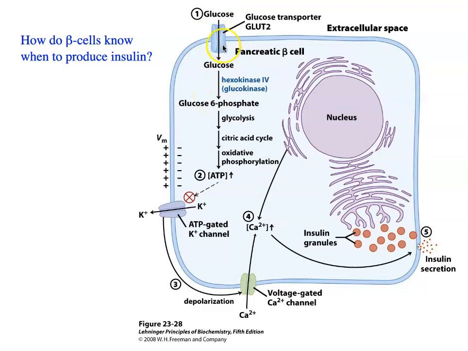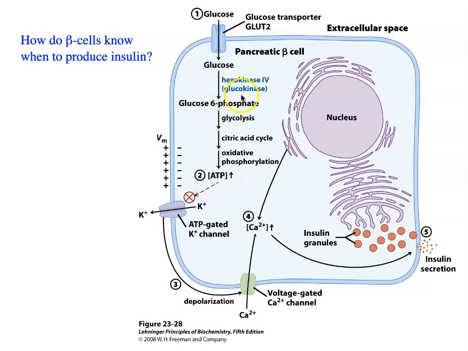Remember, the GLUT transporters are passive transporters. The glucose moves across those transporters based on the concentration gradient. So when glucose enters the beta cell, it gets degraded and eventually gets converted to ATP.